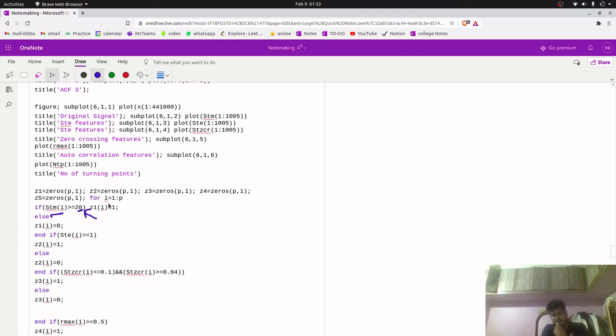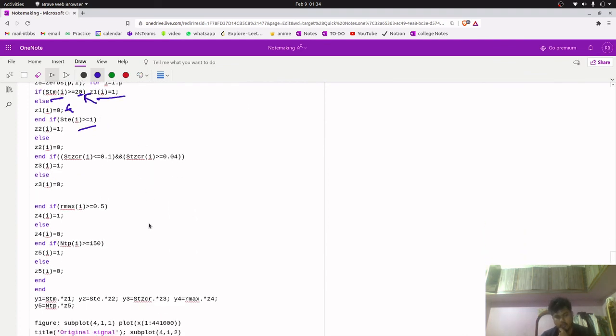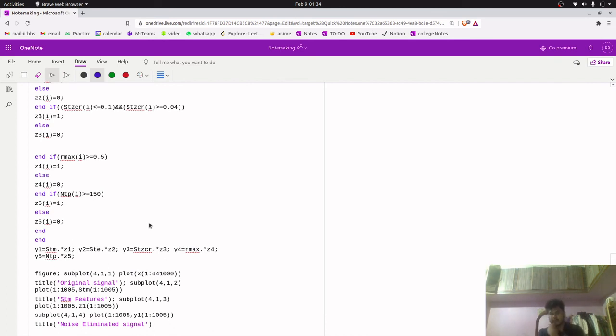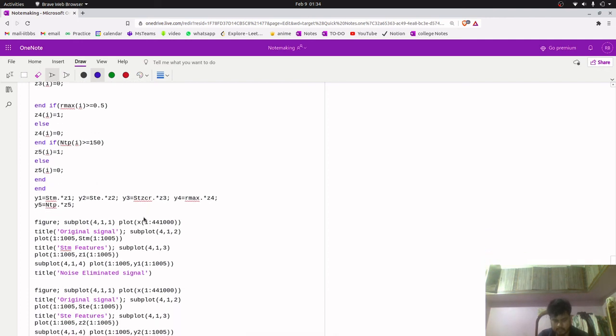So we are eliminating this by this digital 1 and digital 0. Similarly for short term energy and autocorrelation. Among all these digital rejections, the autocorrelation is the best one to reject all the noises which I observed.